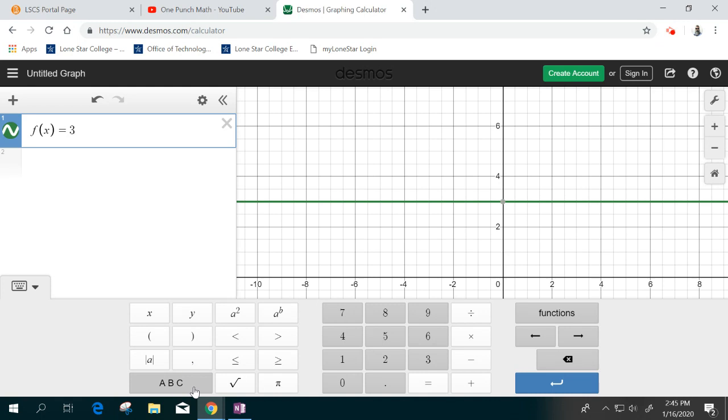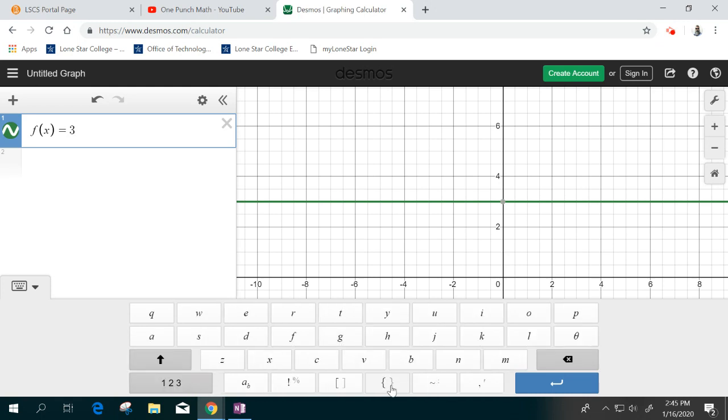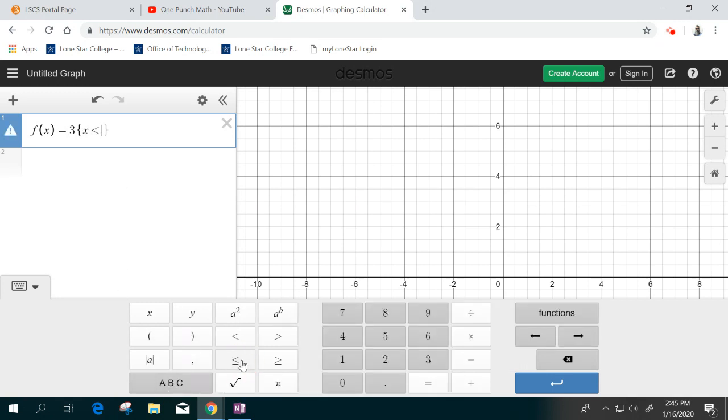If I'm going to do that in Desmos, the way I do a restriction is I'm going to click the ABC button, and do y'all see these guys right here at the bottom? Ah, braces. Aren't you glad I taught you that word? Because we see it a lot. So we're going to click braces, and we're going to say x is less than or equal to -2.